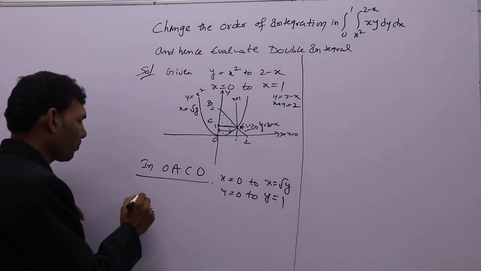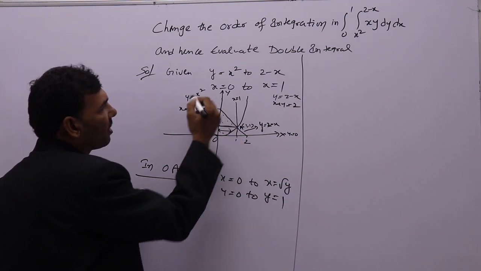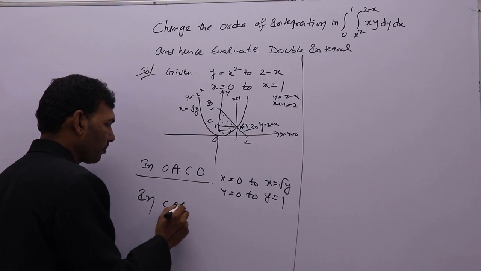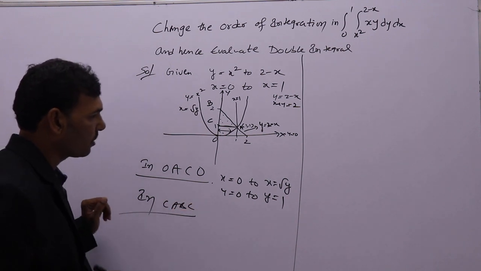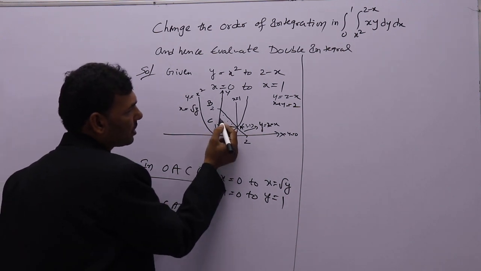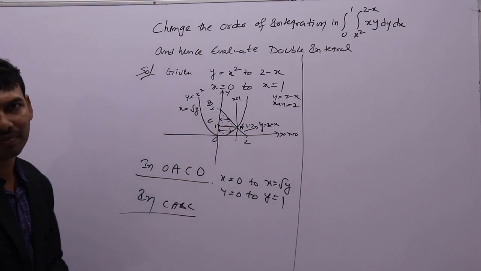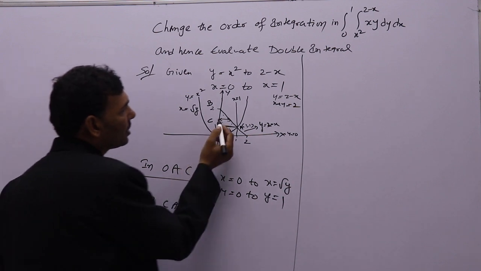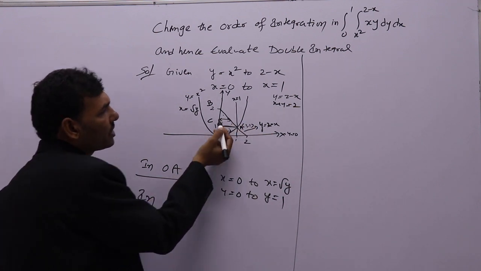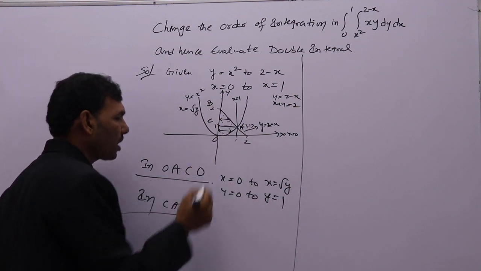Coming to the next, CABC. To get the limits, draw a strip parallel to the x-axis. This strip goes from this line to this line.